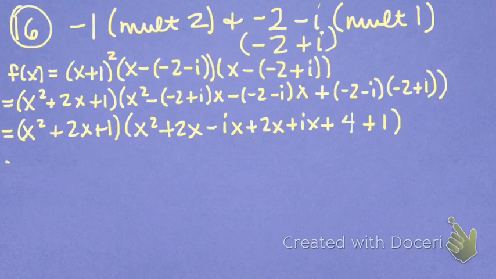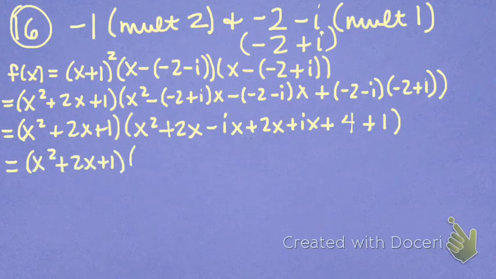Not quite through with the cleanup process of that second factor, so we'll take care of that on this step. x squared comes into our answer, and we've got a 2x and a 2x gives us a 4x, and then we have minus ix plus ix and plus 5.